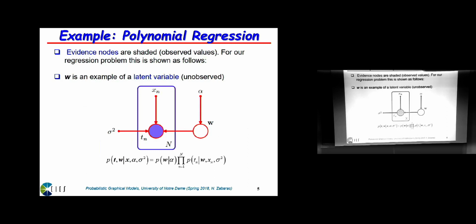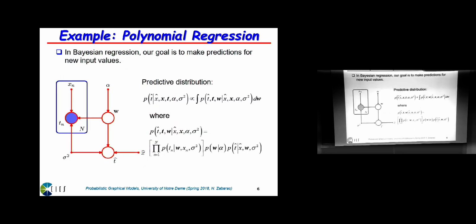I think we also extended this, in the last few seconds of the presentation last Thursday, to include predictions. So this is the joint probability distribution of W, of the training data T bold corresponding to X bold, and also the predictions T hat corresponding to X hat.